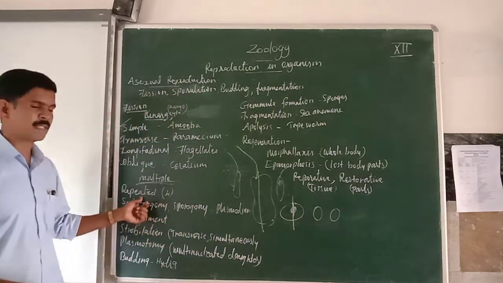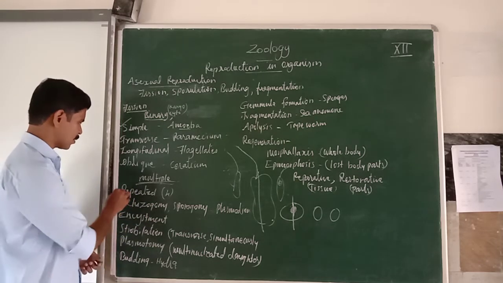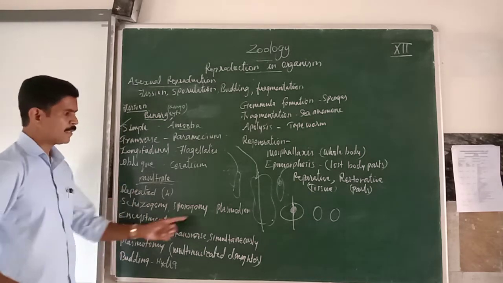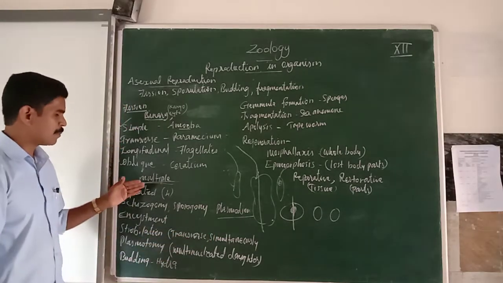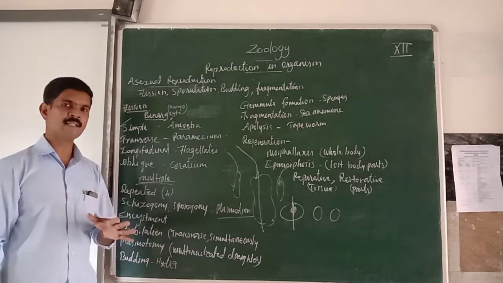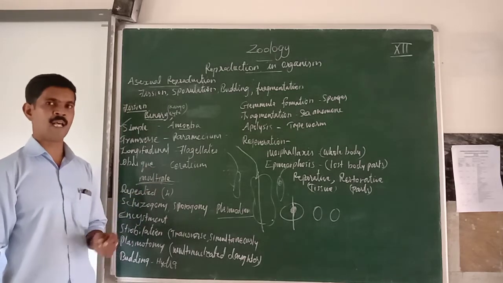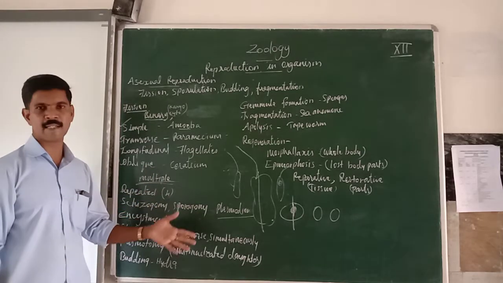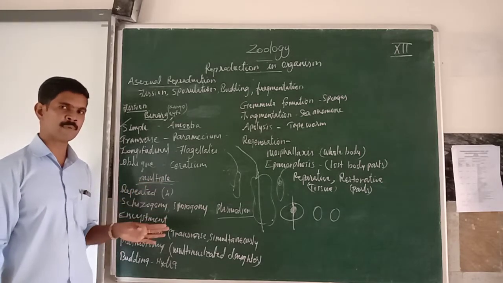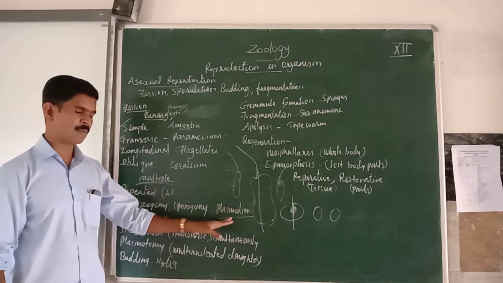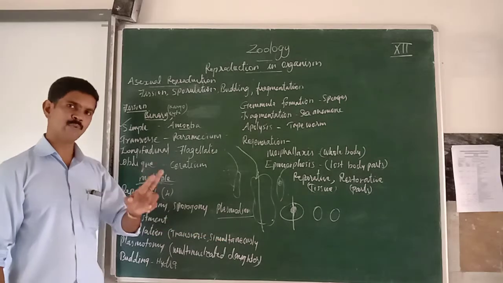Then the next question. In Plasmodium, multiple fission takes place in 2 stages. The life cycle of Plasmodium consists of many stages. This multiple fission type of asexual reproduction takes place in the Plasmodium body in 2 stages.